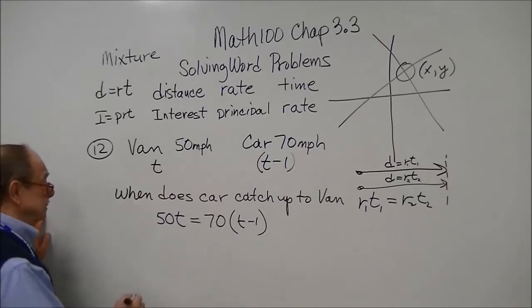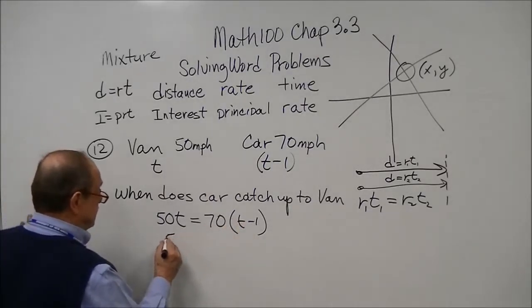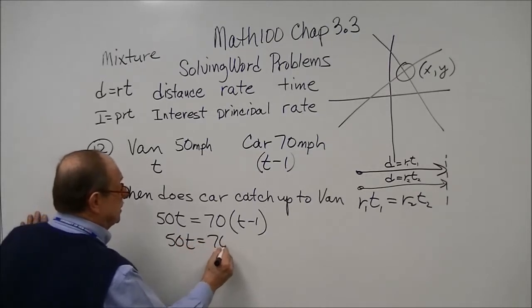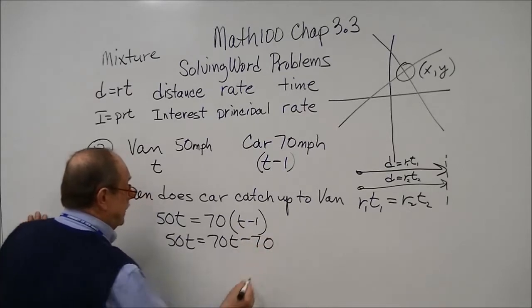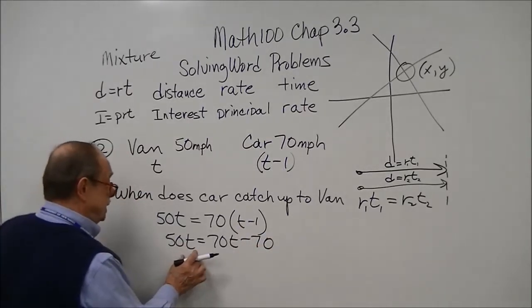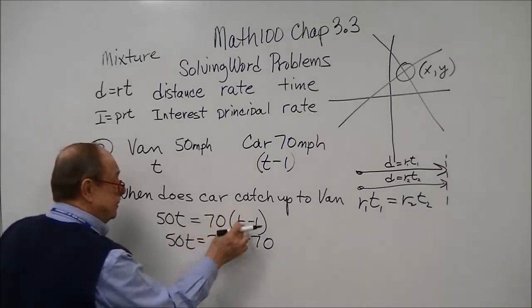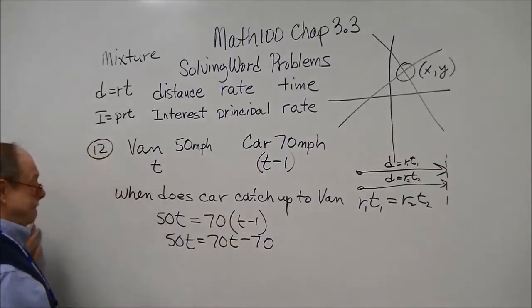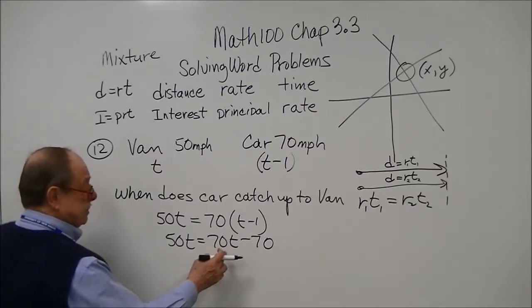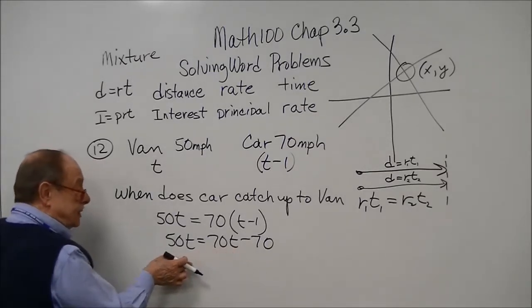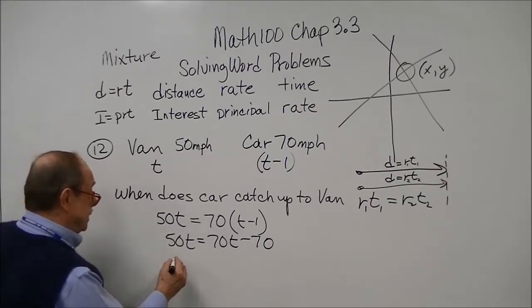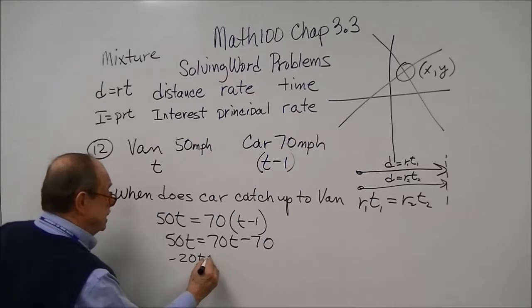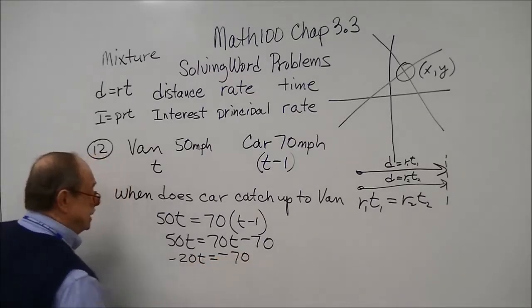So how do we solve it? Well, we clear our parentheses. So we go 50t equals 70t minus 70. Now, to make it easier, I'm going to transpose the 70t over to this side. And that's going to give us a negative 20t equals a negative 70.